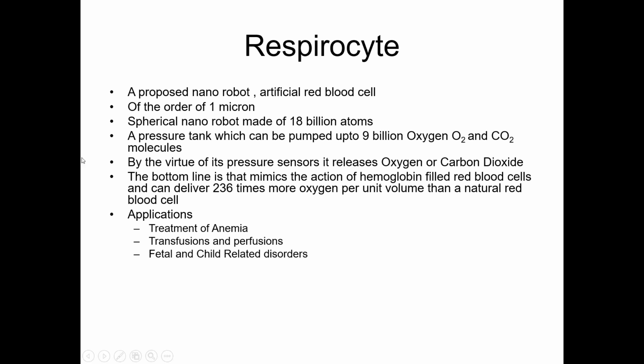It means that with this nanorobot, which nanoscientists are trying to design, we can effectively deliver oxygen inside the body, 236 times more oxygen per unit volume than a natural red blood cell can. So we can utilize that particular nanorobot for that purpose.